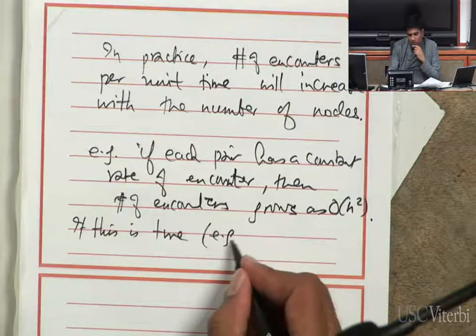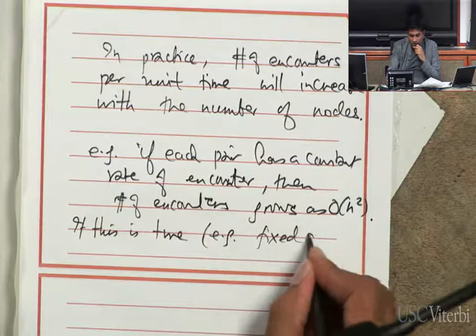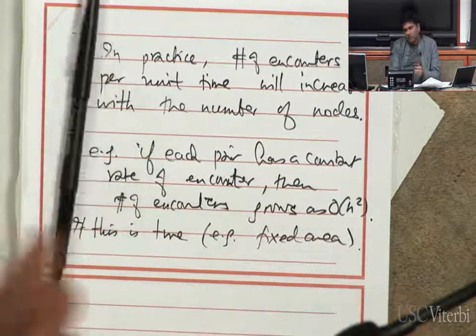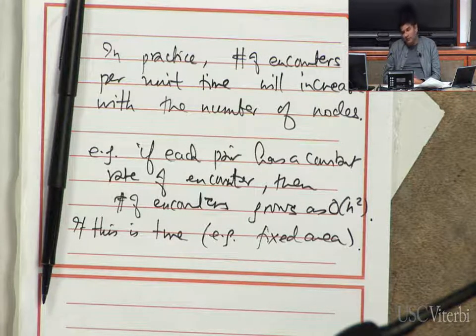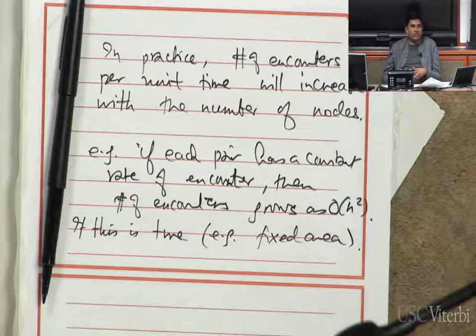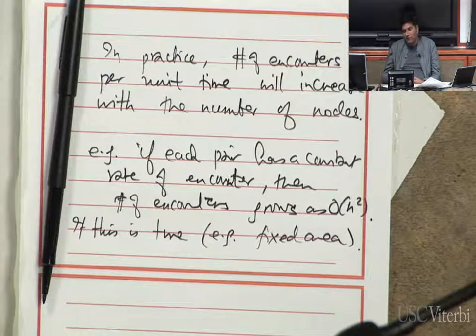For example, fixed area. So just to put this in context, imagine at USC we introduce an app that allows two people carrying their phones to send a message to each other if they're close to each other. So I first introduce this app, maybe 20 students sign up for it, right? Maybe a month later, 200 students have signed up. A month later, maybe 2,000 students signed up. Maybe a few months later, the entire campus full of students has this app installed, right?